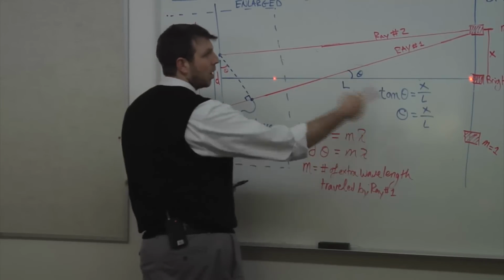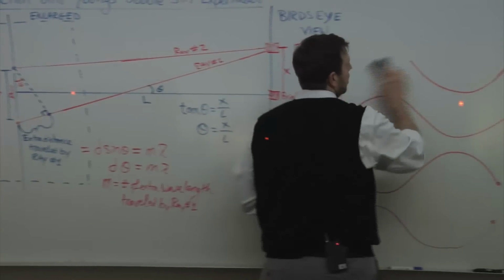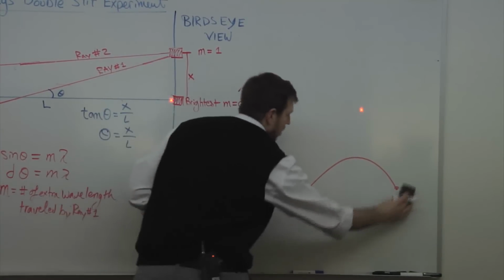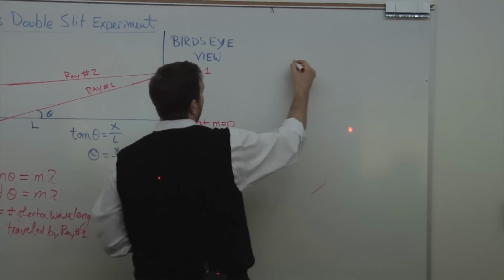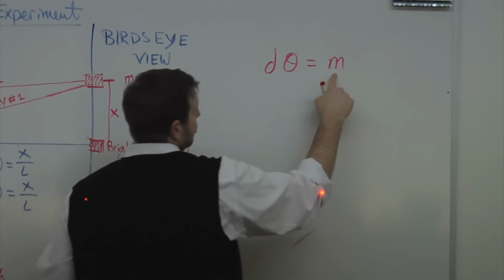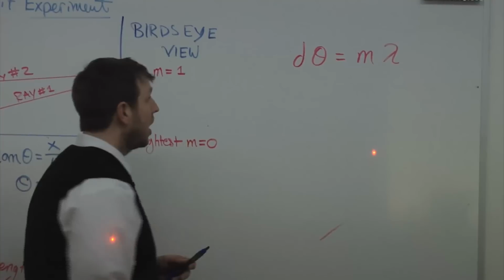Well, if I want to combine these formulas, I can solve each for lambda and then set them equal to one another. In one case, I have d times theta equals the number of extra wavelengths times the actual wavelength of my light.